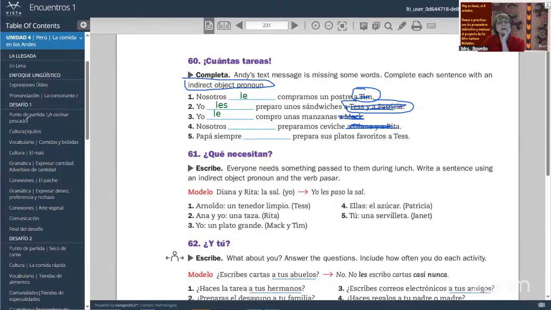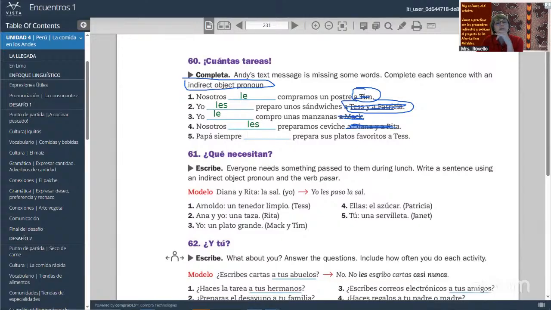We're preparing ceviche for them. And notice, you guys, the use of the word for, right? For them. Or I buy the gift. I bought a gift. You know, I gave a gift to, right? To, for, or to. Okay. All right. Number 5.